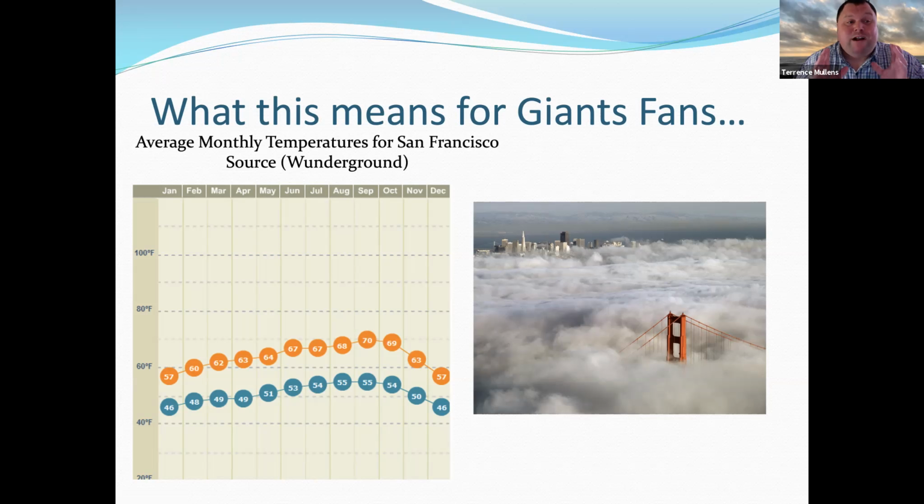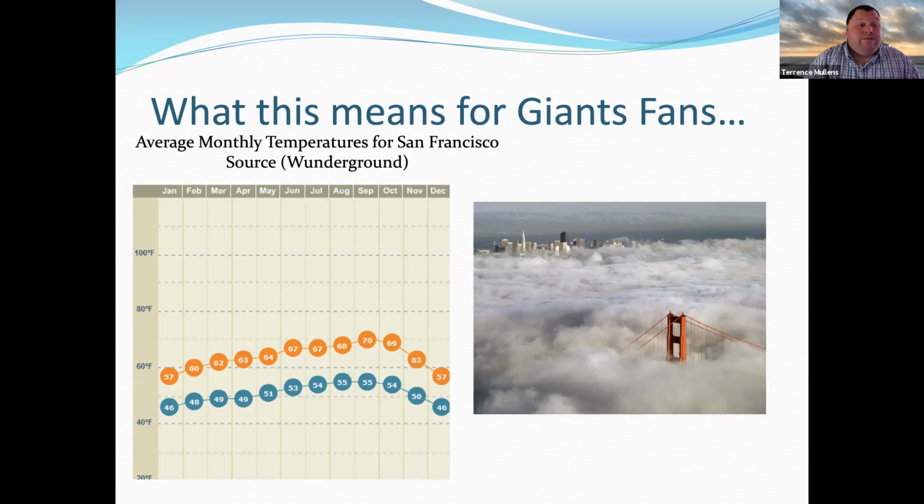So September and October are San Francisco's warmest months. In much of the rest of the United States, July and August are the warmest months. But for San Francisco, it's September and October. So it's a pretty interesting consequence of coastal upwelling and of advection fog to San Francisco's climate.